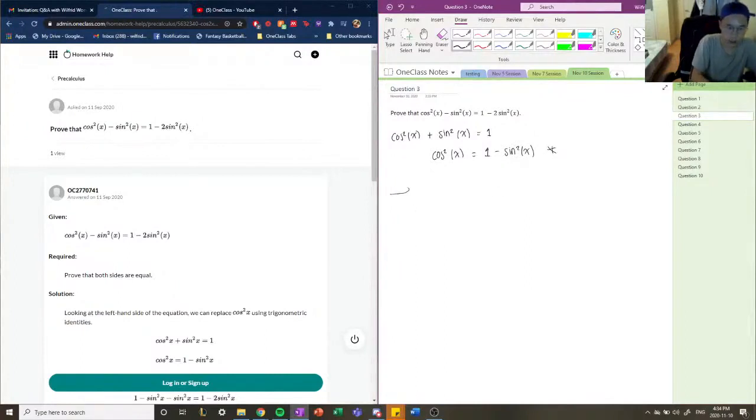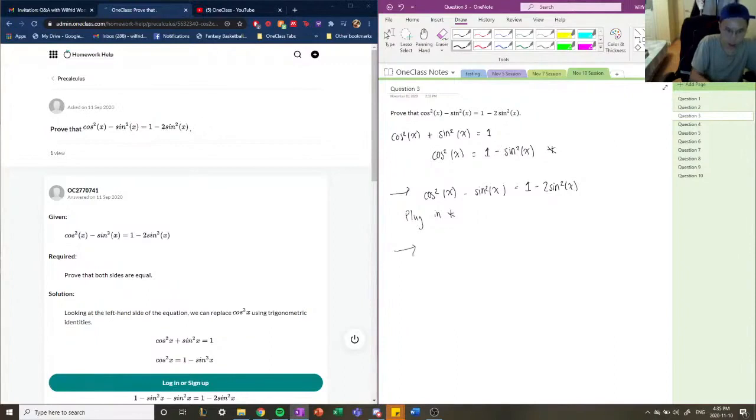Okay, so moving on, we have our original statement: cos squared x minus sine squared x equals 1 minus 2 sine squared x. Since we know that cos squared x equals 1 minus sine squared x, we're going to plug that in for cos squared x.